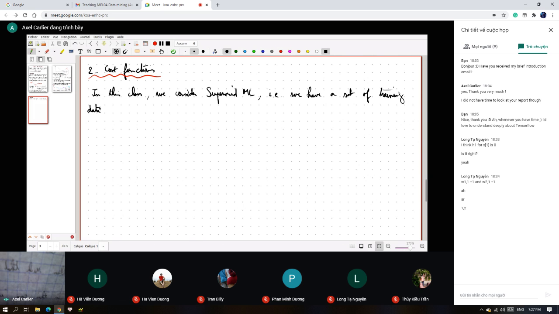I called it D equals a set of xi, yi, for i equals 1 to n, which are labeled examples.